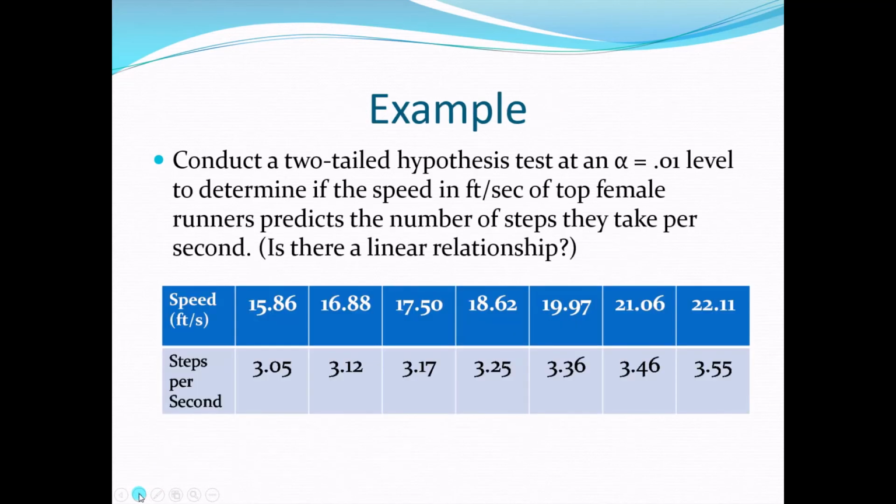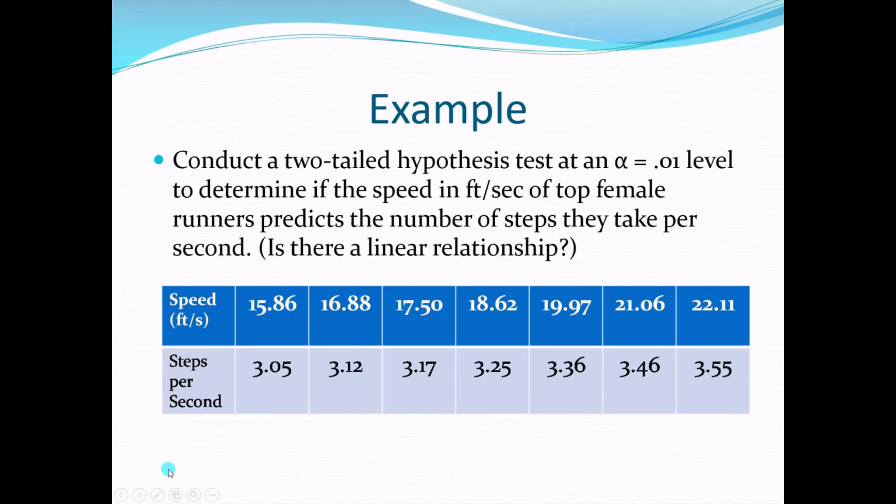All right, this is going to be the same set of data. It says conduct a two-tailed hypothesis test. So that's a not equal to. Alpha is 0.01, to determine if the speed in feet per second of top female runners predicts the number of steps per second they take. So in other words, is there a linear relationship, a predictable linear relationship?